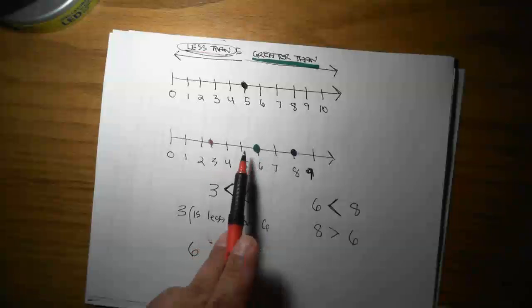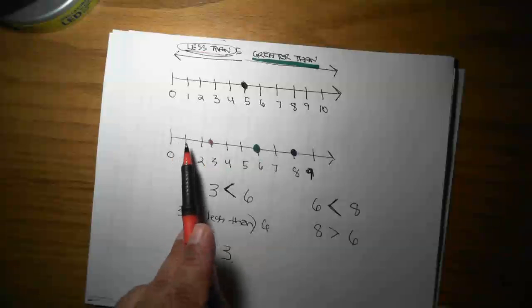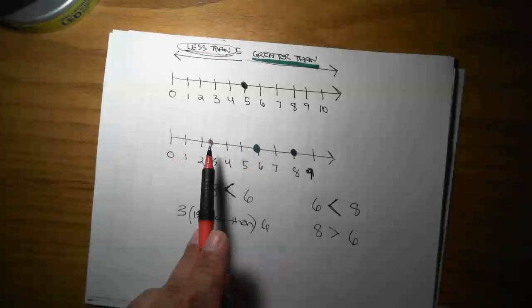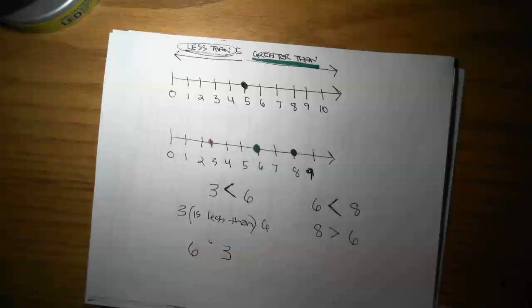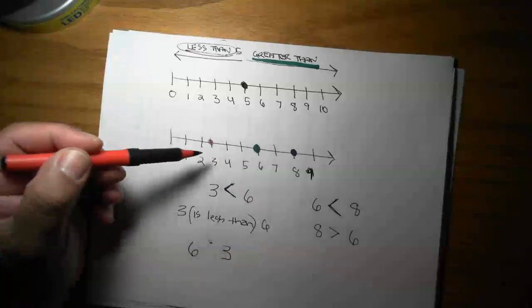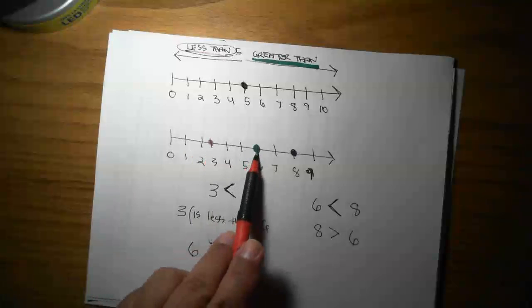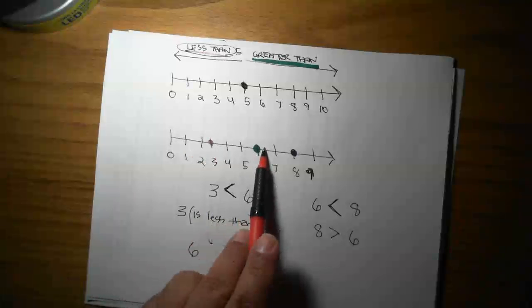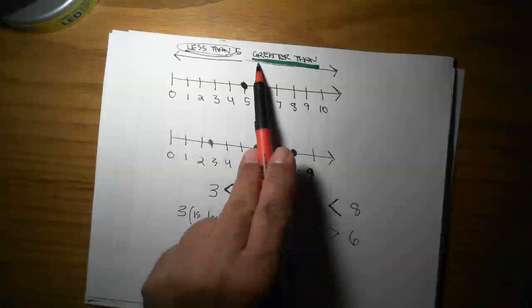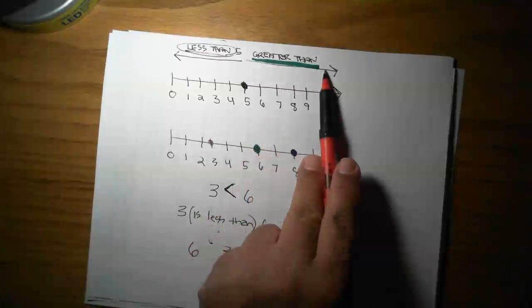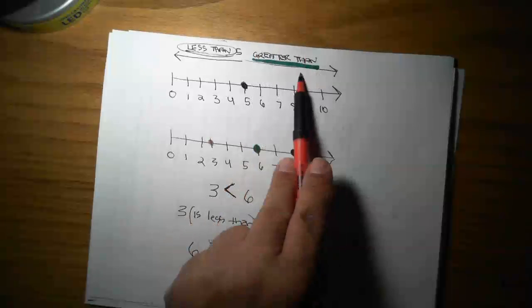So is the 6 to the left or to the right of the 3? Take a second to think about that. If we take a look at the 3, we see that the 6 is to the right of the 3. And we know from up here that anything that's right of the given number is greater than.